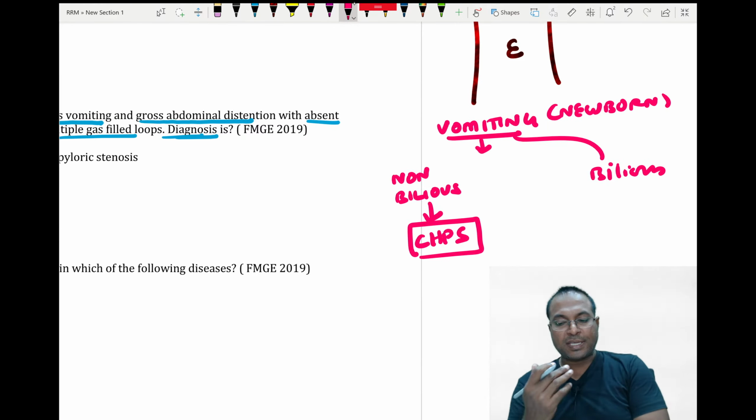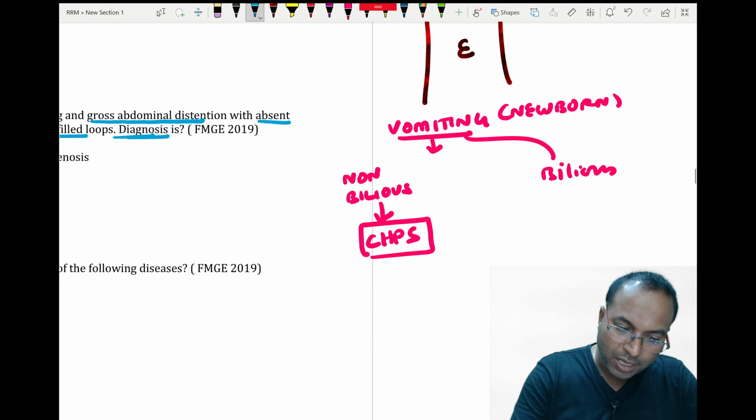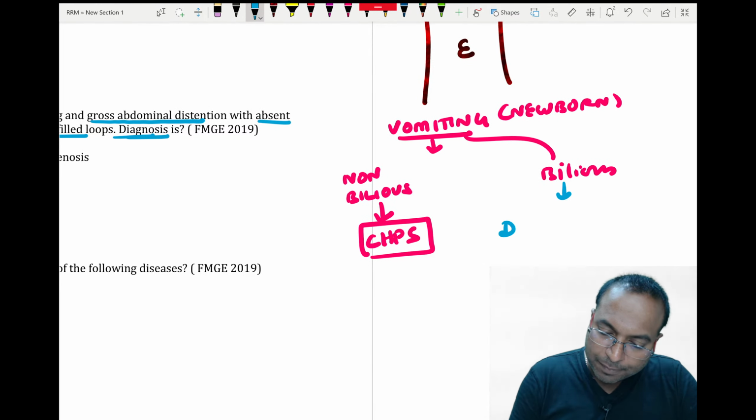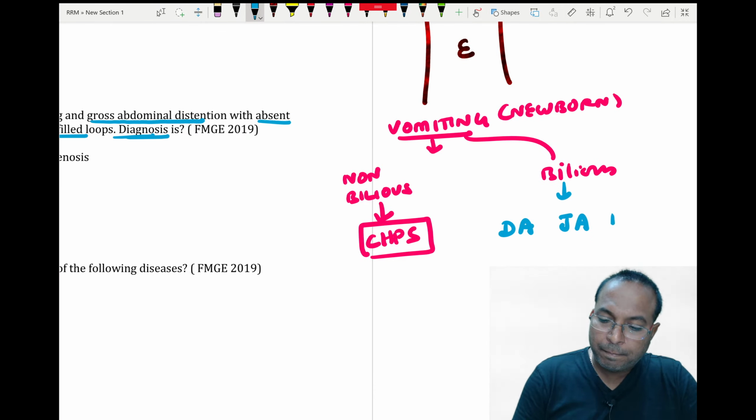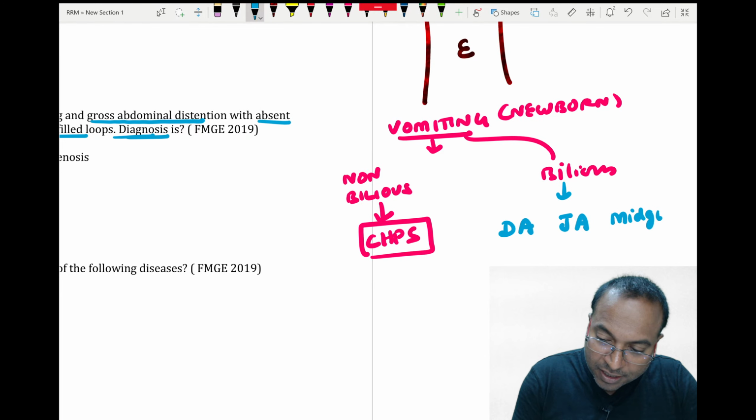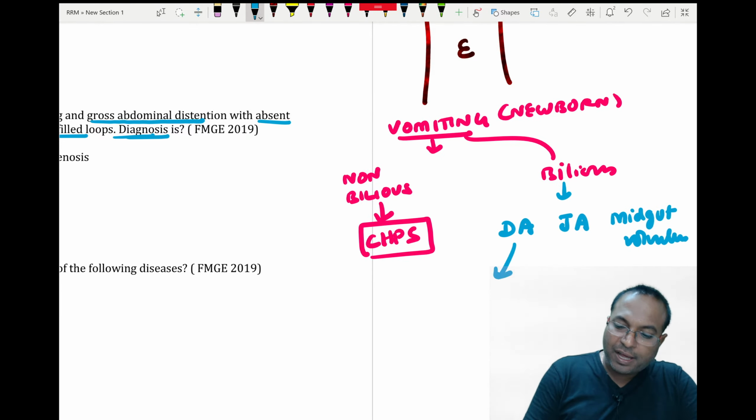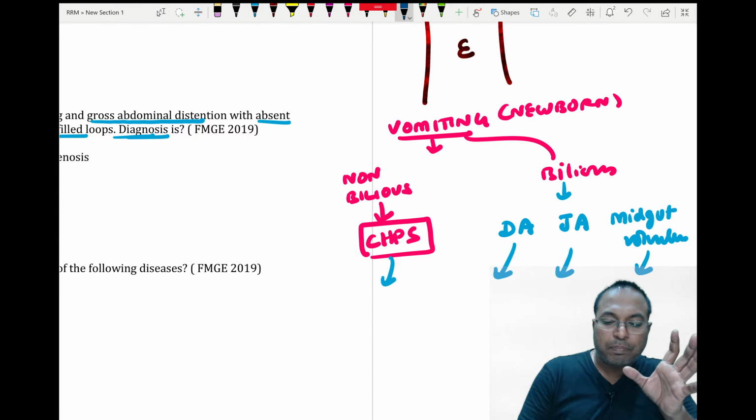We are going to see that question. Bilious is of many types: duodenal atresia, jejunal atresia, midgut volvulus, a very dangerous problem. These all can be diagnosed with a simple X-ray.